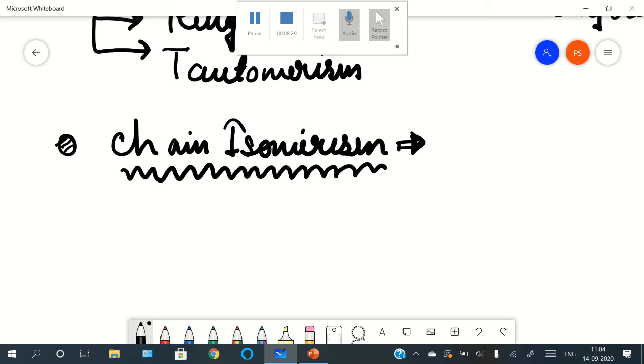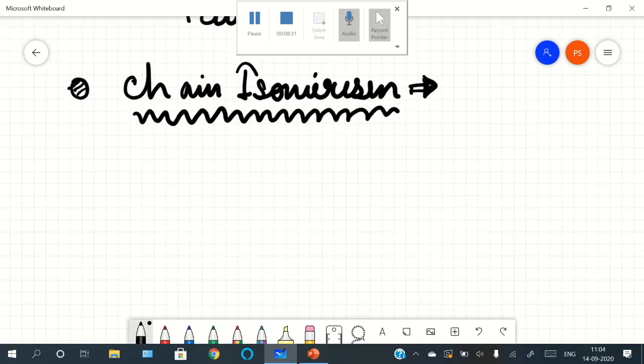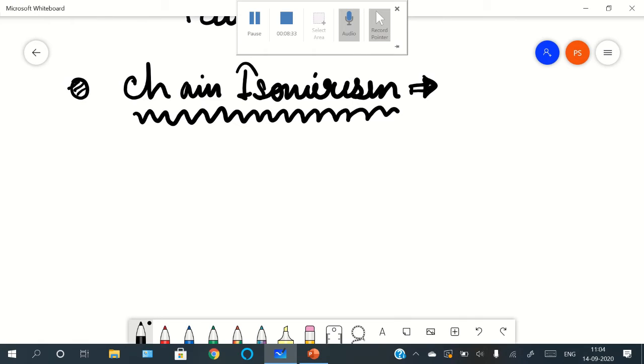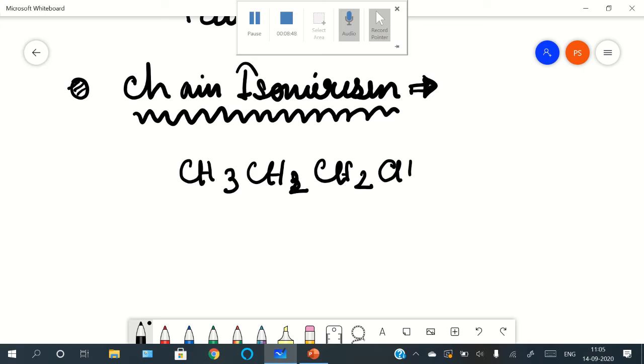Now, chain isomerism, the example that we can study is this one. This is a very common example of chain isomerism, that is CH3CH2CH2CH3. This is nothing but N-butane, normal butane.